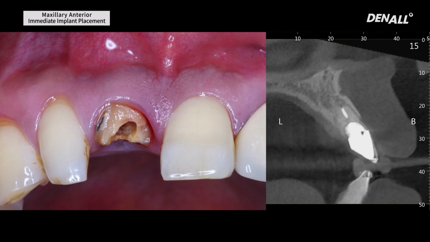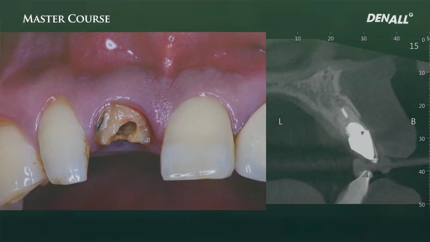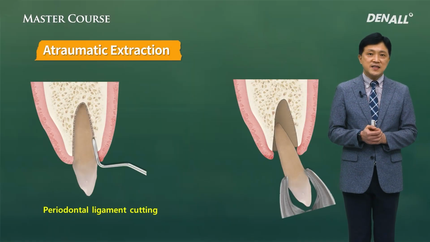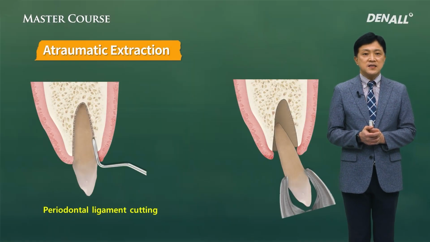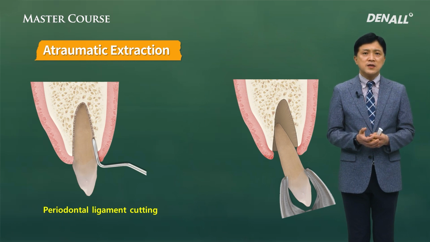According to the Elian socket classification, it is a type 1 socket. Soft tissue support is there, and labial bone resorption has not been progressing that much. So this can be a type 1 socket. Now we need to extract the tooth.